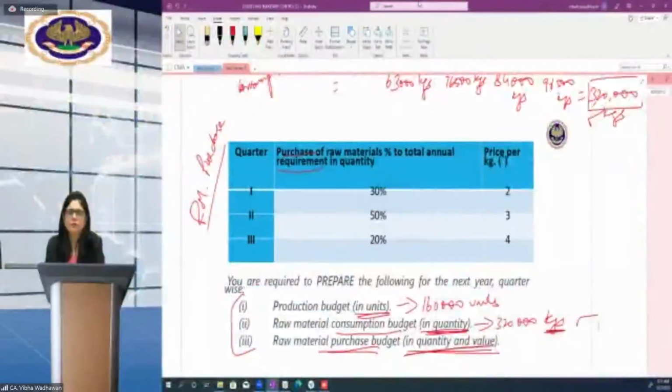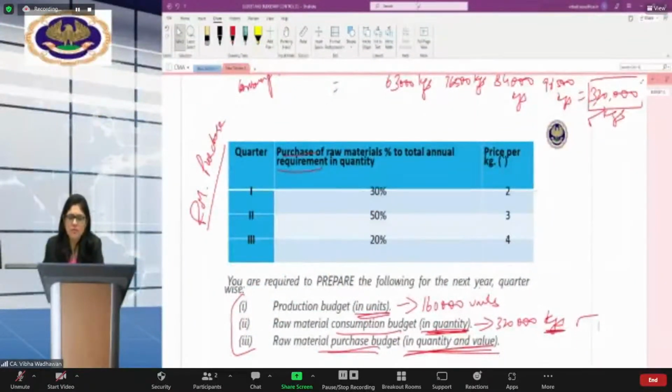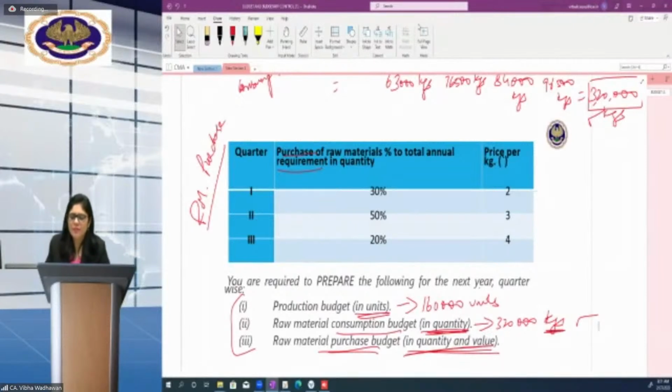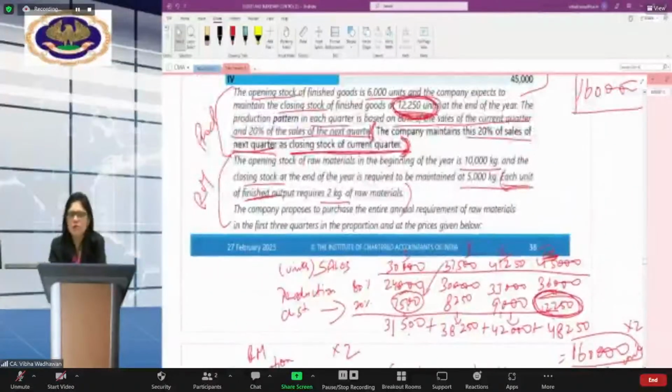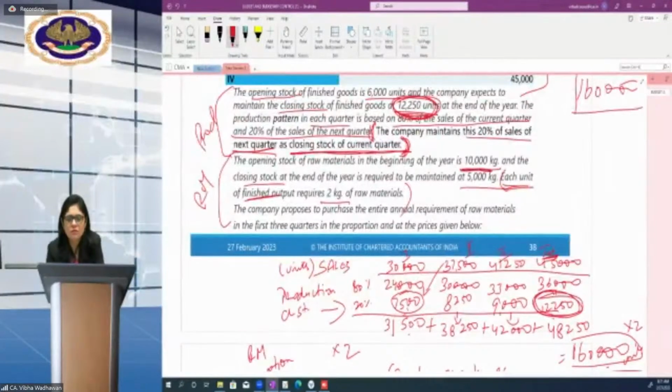Welcome back, students. I hope you must have made the raw material purchase budget. So raw material consumption was 3,20,000 kgs. And then how much we have to purchase. Now, this is the requirement. We must be having some stock also. So opening stock of raw material in the beginning is 10,000 and closing stock at the end is 5,000.